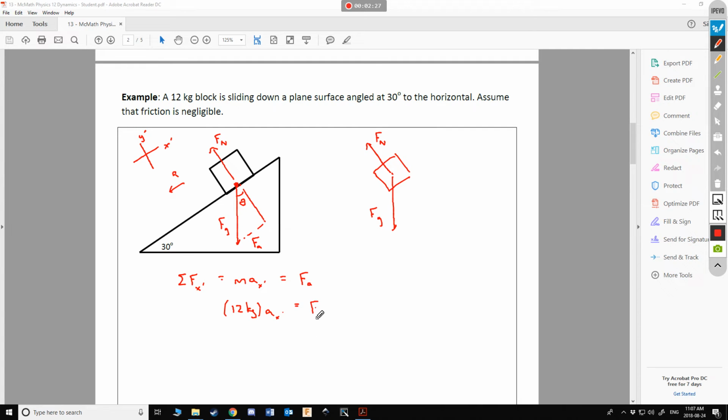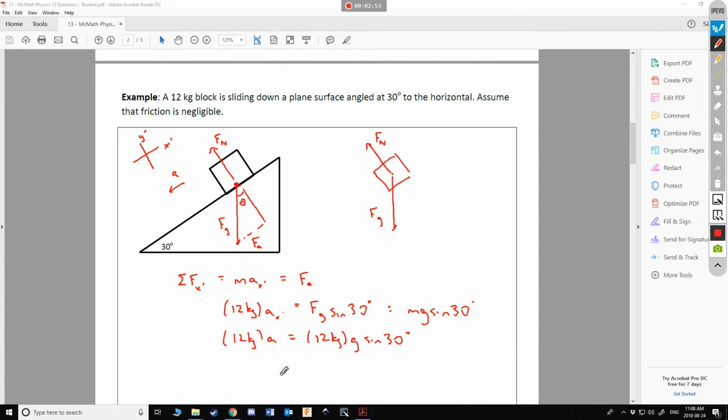So you get Fg sine 30 degrees. That's just equal to mg sine 30 degrees. So what you actually can see too is that when there is no friction, mass can just cancel out. It does not matter. The 12 kilograms cancel out.